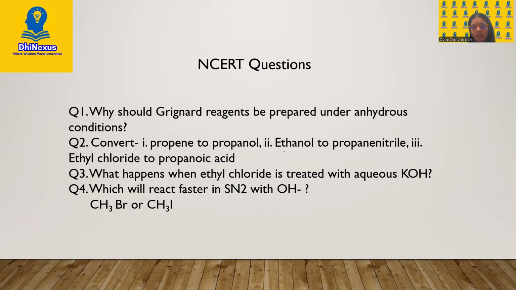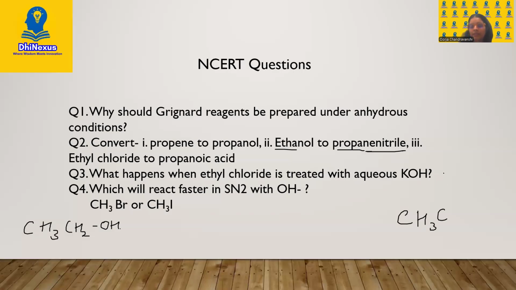Moving on, we have ethanol and we want to prepare propane nitrile. So CH3CH2OH. Always write the reactants on the left-hand side and products on the right so that you have a vision of what to prepare, and then you can try to put all the pieces of the puzzle together.